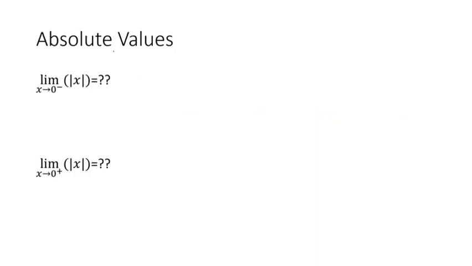So now we can deal with some absolute values. We're trying to evaluate the limit of the absolute value of x as x approaches 0 minus. If you plot it, you have 0 here, this is the x-axis, this is the y-axis. Negative x is to the left of 0, which means it's more negative.